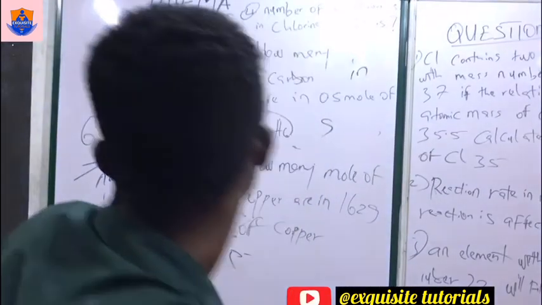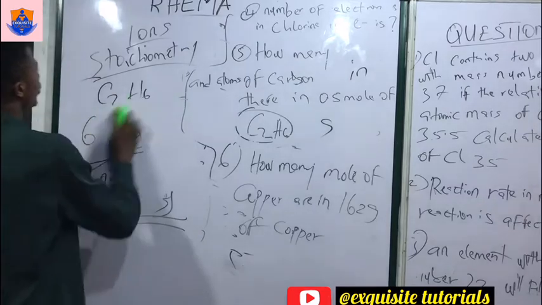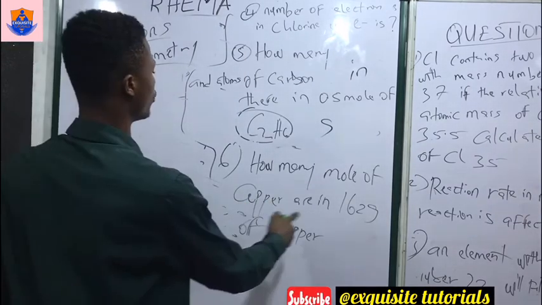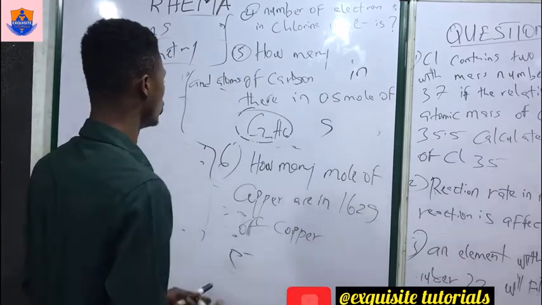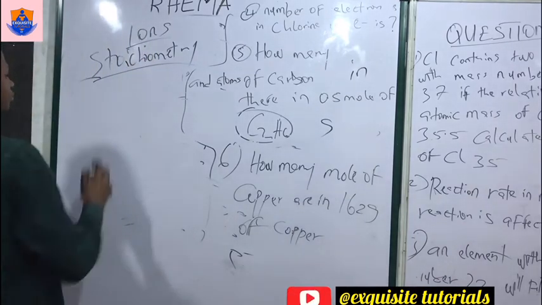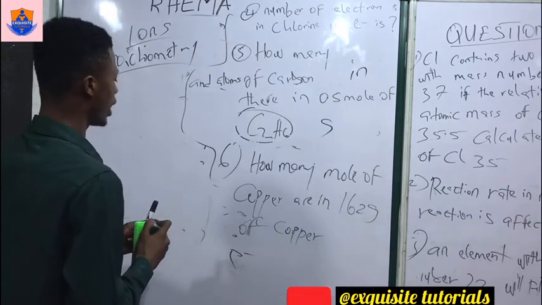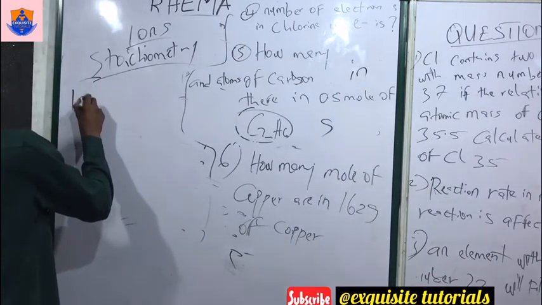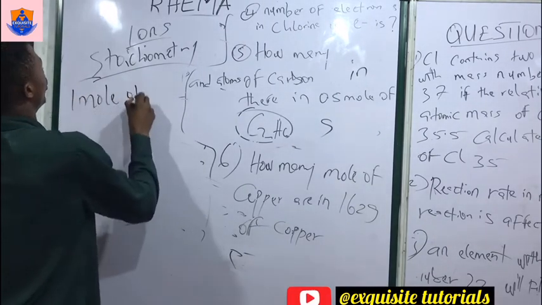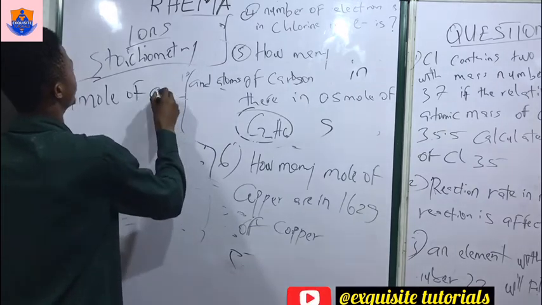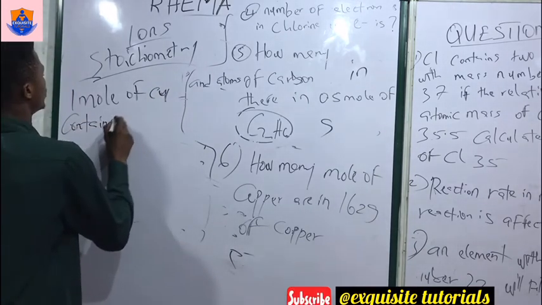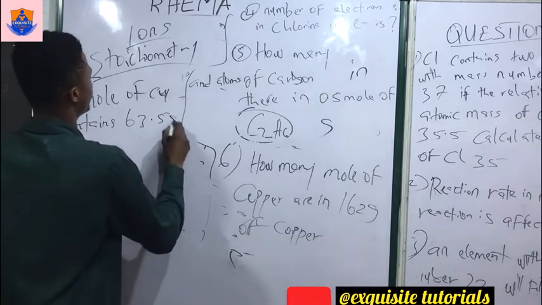Now, let's do the last question on stoichiometry. This one said, how many moles of copper are in 162 gram of copper? Now, 1 mole of copper contains 63.5 gram.